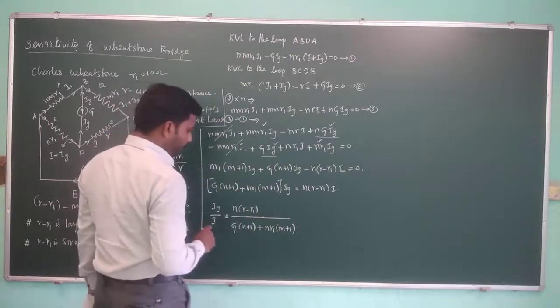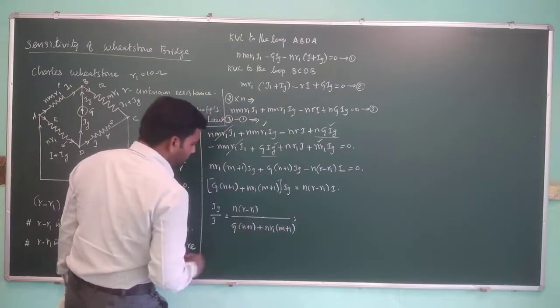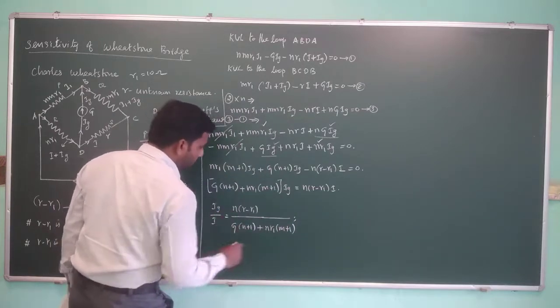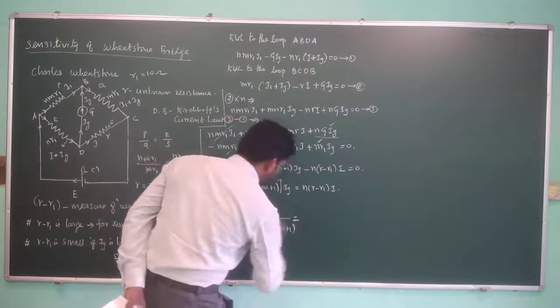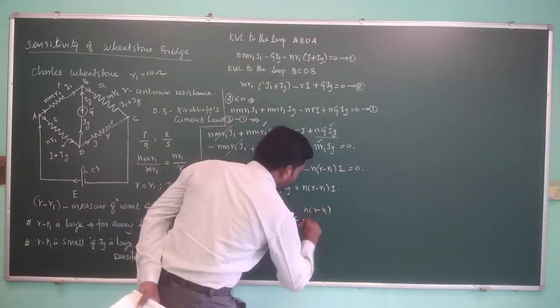Okay, but in these two, let us take n outside common, so that we can cancel out each other.